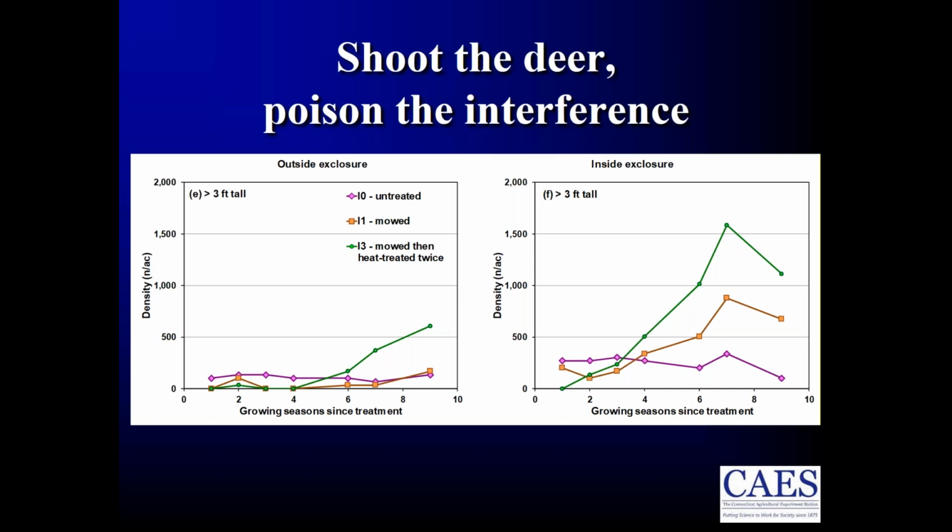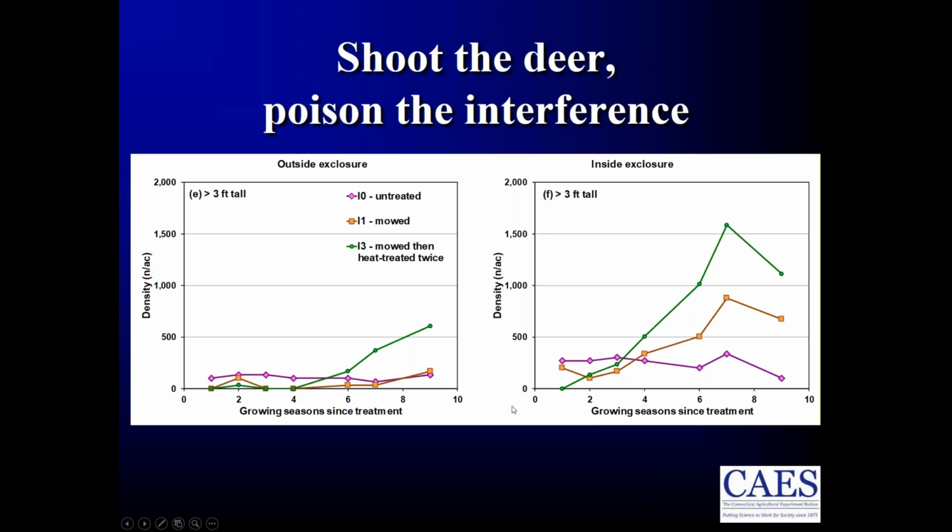You also had to control invasives. You might ask, well, I see that the number of larger regenerations goes down after 7 years. Well, that's because a lot of these were actually moving into the 3 to 6 foot height class.